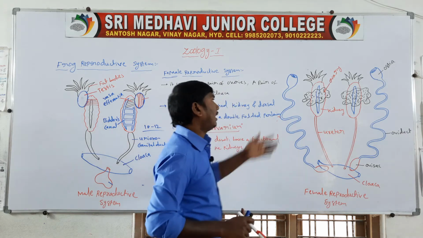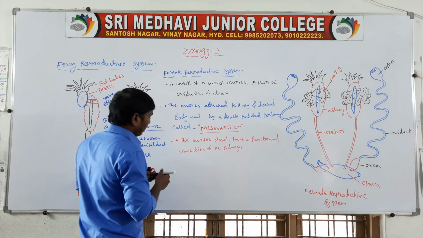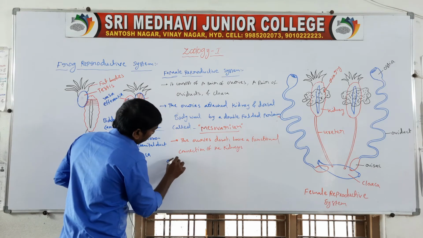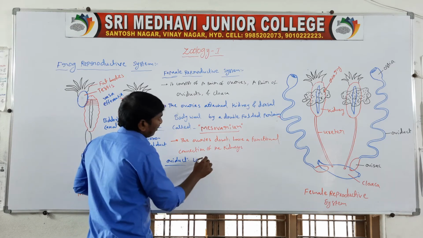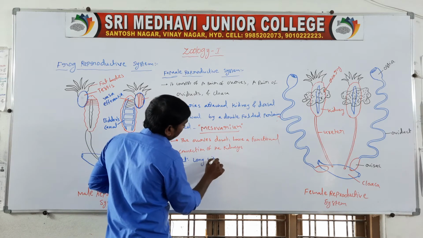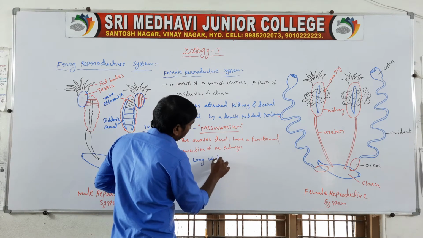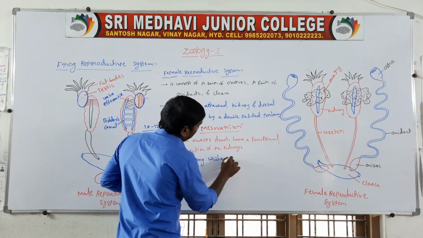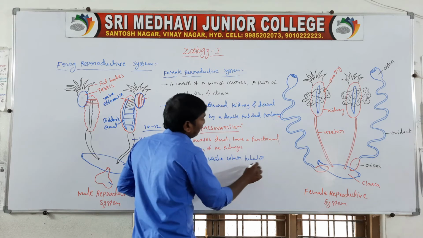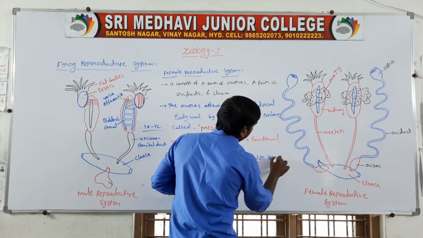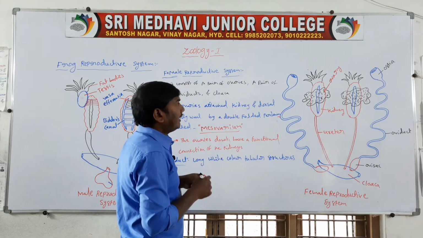Next one, the oviducts. Oviducts are long, white color tubular structures.